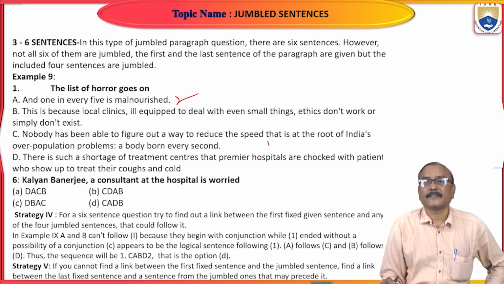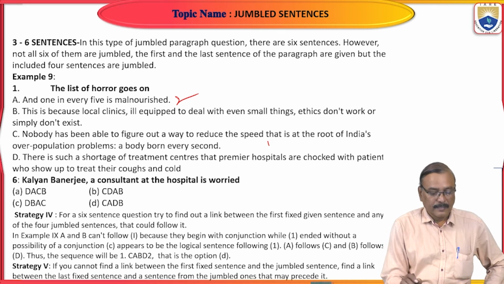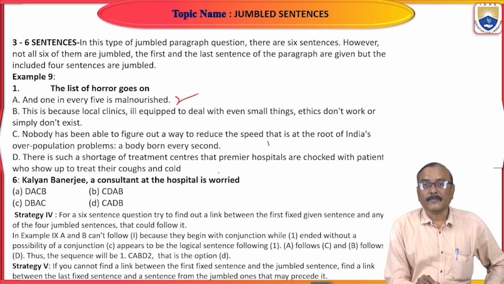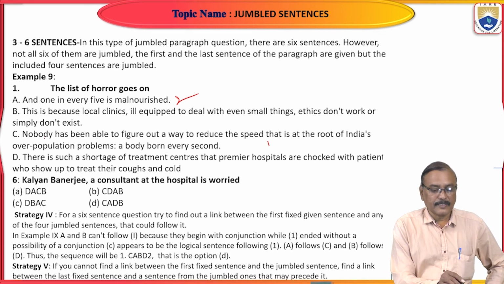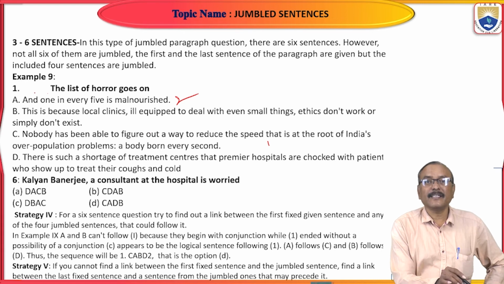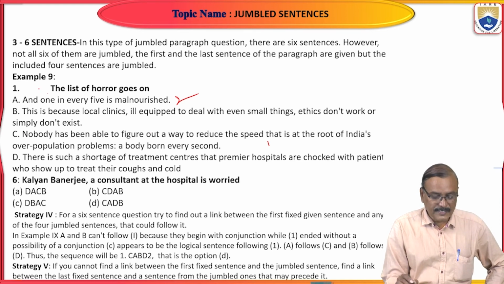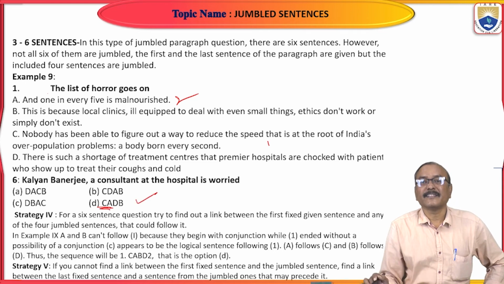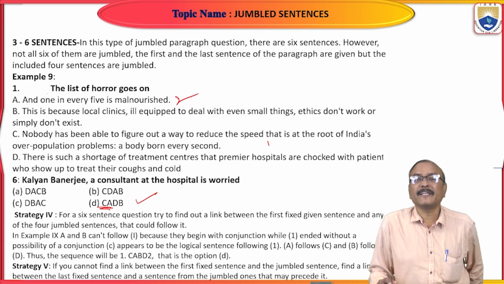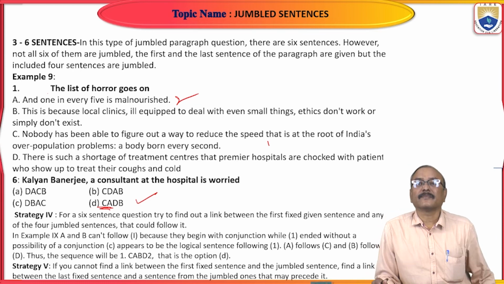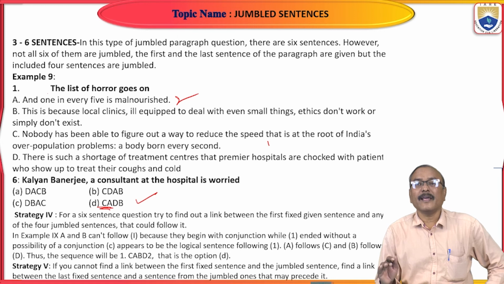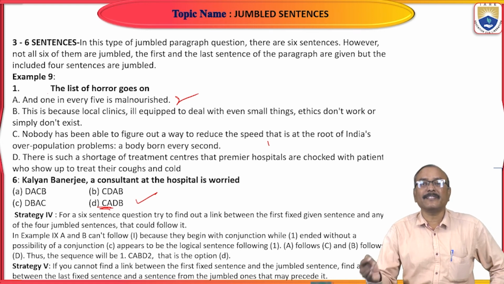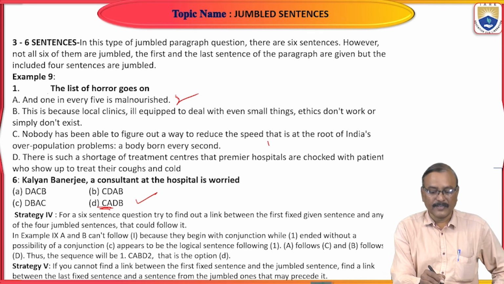So go with the options. Here C, A. In which option is CA there? In option D only it is there. Simply CA. C is not followed by D definitely. A body born every second and 1 in every 5 is malnourished. So this is the second one. This is the first one.